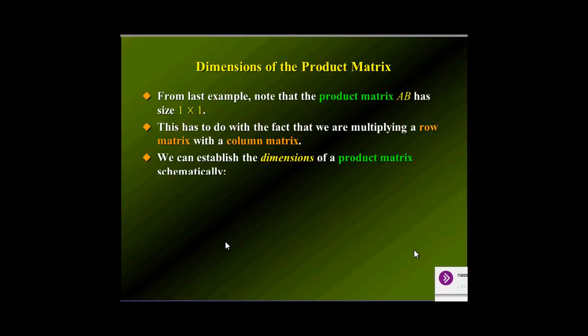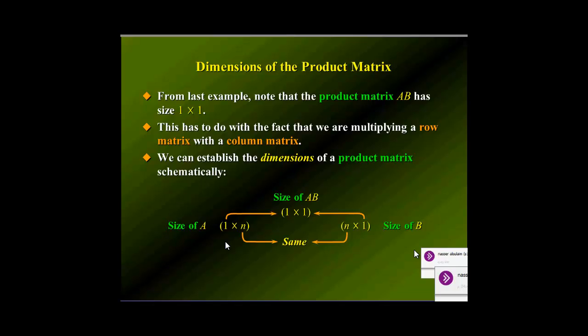If such cases appear, then we have to know that if we have two matrices A and B, you must pay attention that if we have a 1 by n matrix and another matrix is n by 1, then this n must be the same.